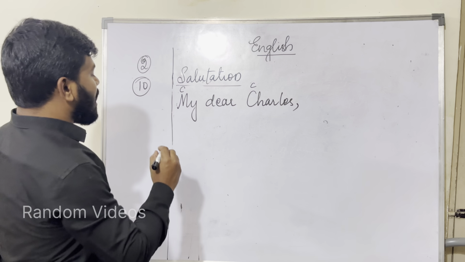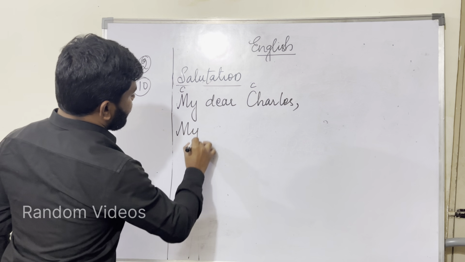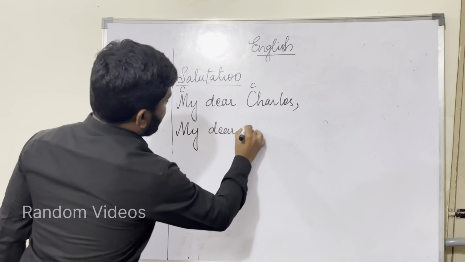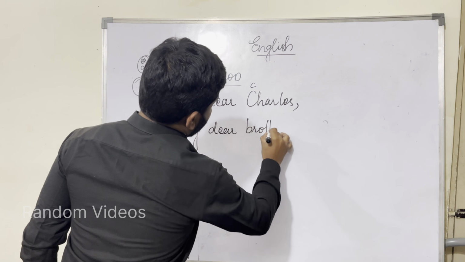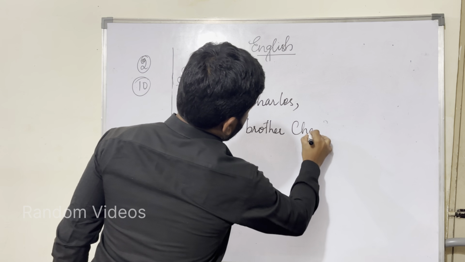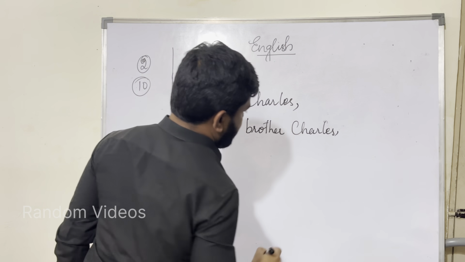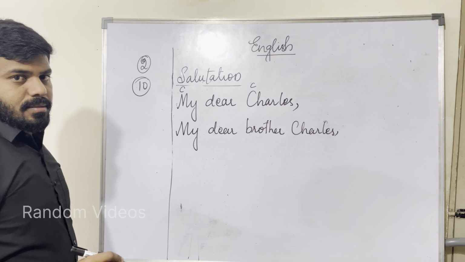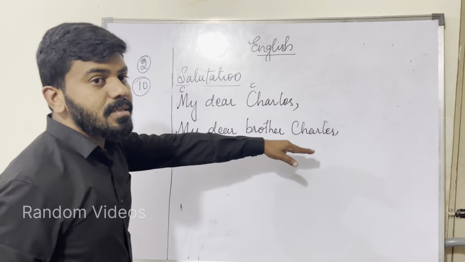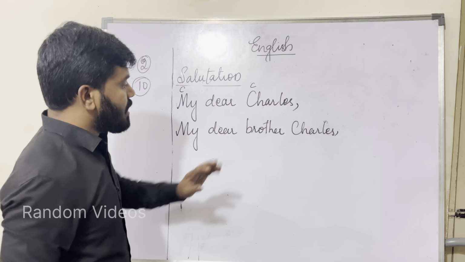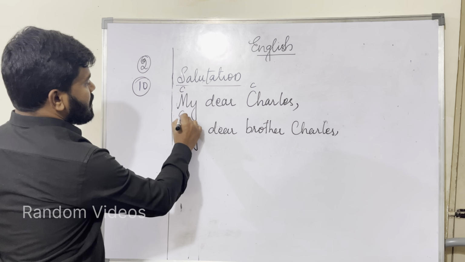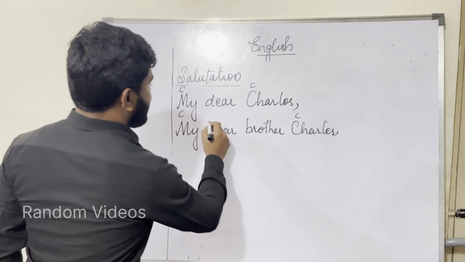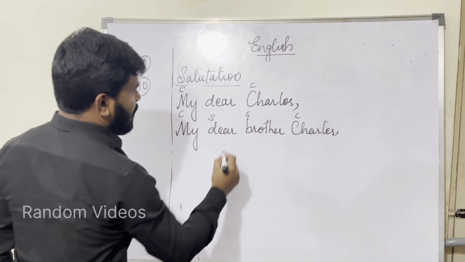If you are writing to your brother, you can write my dear brother Charles. Okay, my dear cousin Charles, my dear brother Charles. Look at the capitalization, capital and capital. See, small letter and small letter.